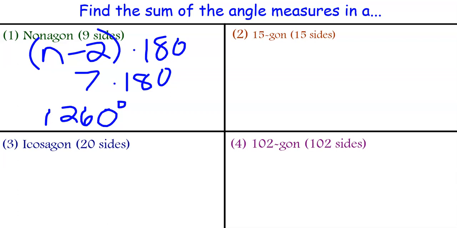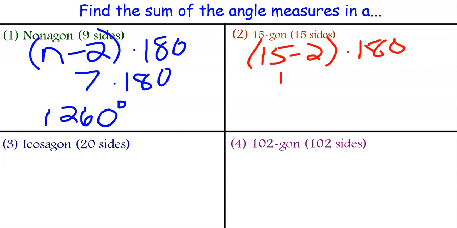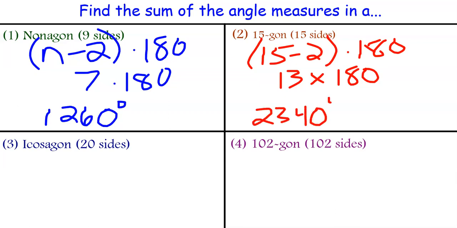For the 15-gon over on the right side here, the 15-gon has 15 sides, so 15 minus 2 times 180, or 13 times 180, which gives us a total angle measure of 2,340 degrees.